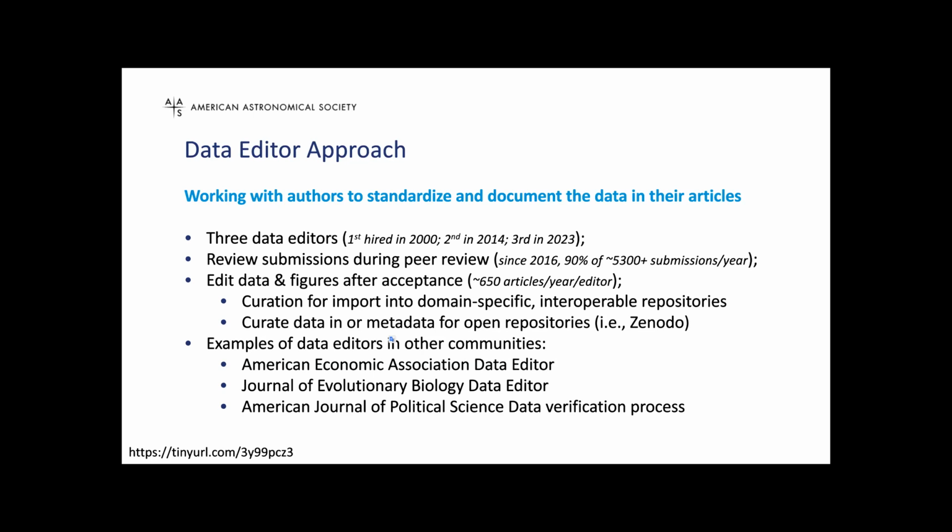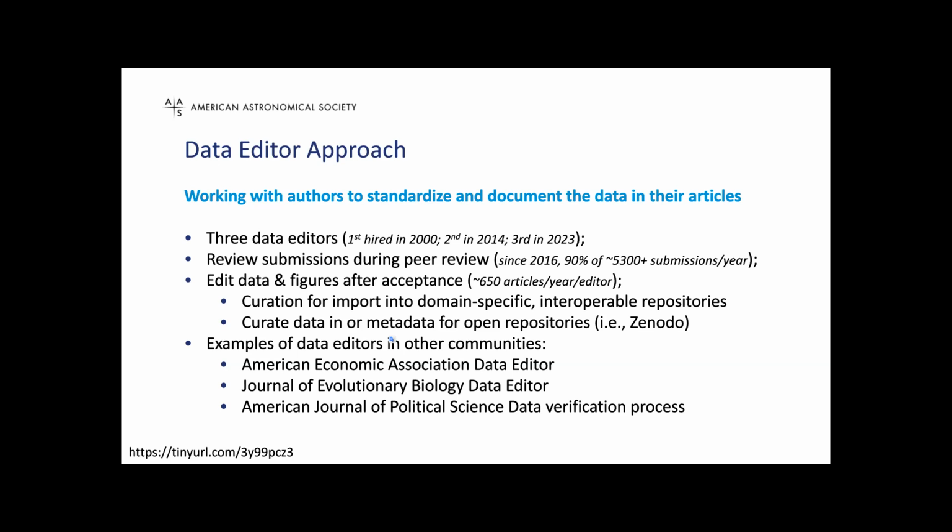But basically, the broad goal is to examine the quality of the linking and citation and sharing of the data and software that are in an article. And we only started that in 2016 after 16 years of focusing on curating the material in journal articles after they've been accepted.